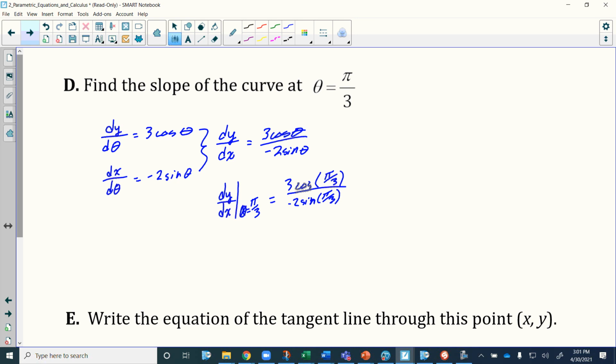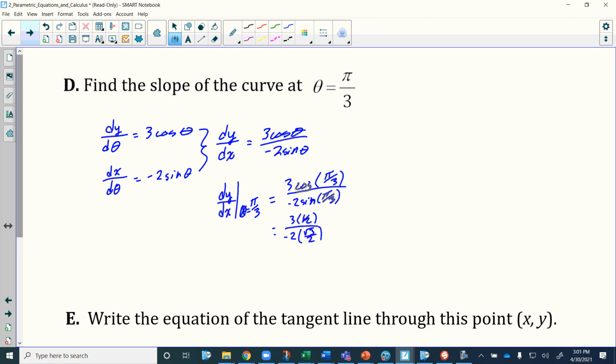And simplify and see what we get here. Cosine of pi over 3 is 1/2, so that'll be 3 times 1/2. And sine of pi over 3, that is radical 3 over 2.